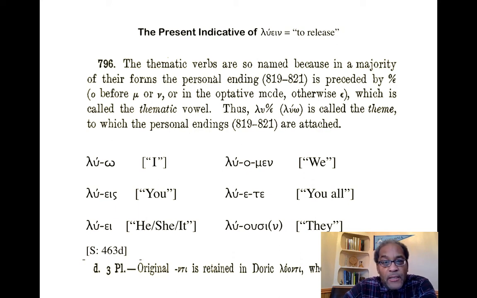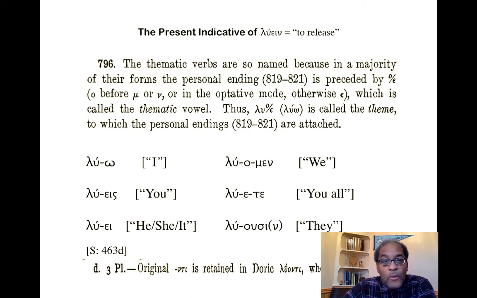So here we are with the present indicative of λύειν, to release: λύω, I release, λύεις, you release, λύει, he, she, or it releases, λύομεν, we release, λύετε, you all release, λύουσι, they release.